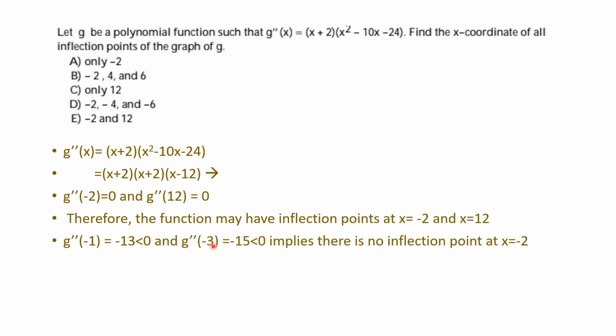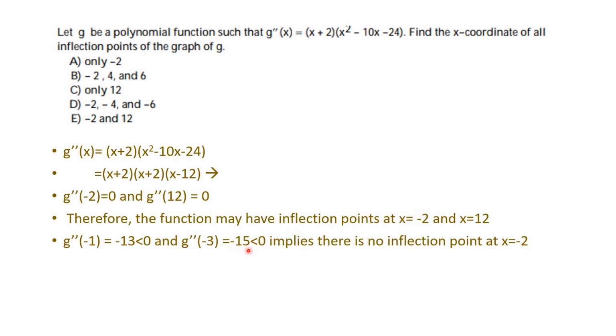We check to the left of -2 and to the right of -2, and both of them are concave up, so there is no inflection point for x equal to -2.